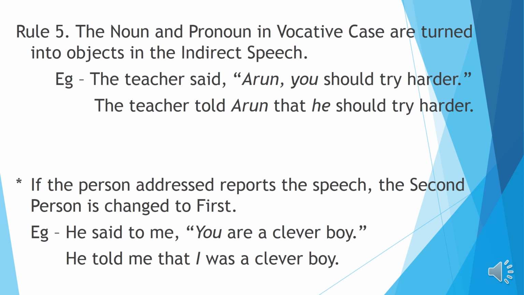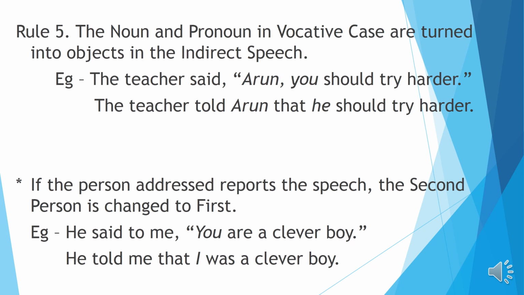For example, the teacher said, Arun, you should try harder. Here Arun is being addressed, so it is a vocative case. How do we change that into indirect speech? The teacher told Arun that he should try harder. You changes to he, so the noun changes to pronoun.